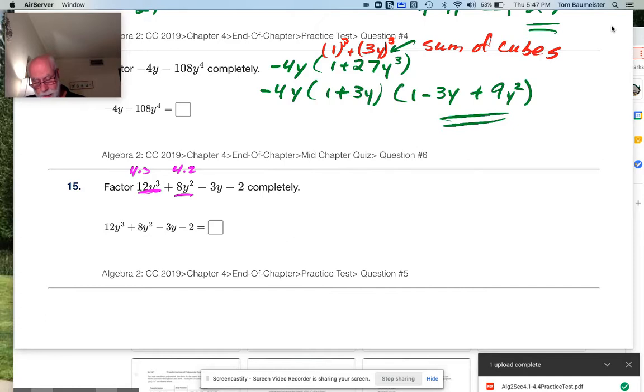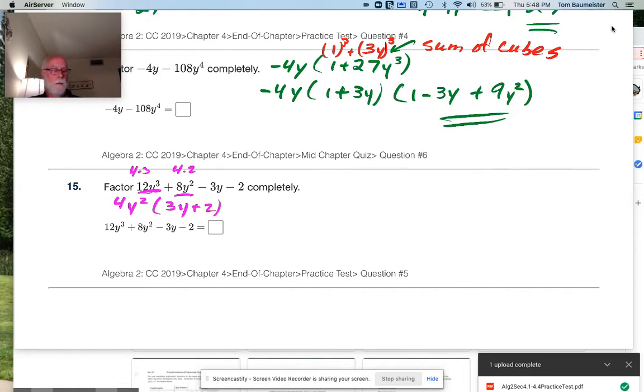So it looks like I can take out a 4, and let's see, can I take out a y squared? Yep. Okay, because again, I had a y squared here, and a y cubed there. So the lower power I could actually take out of both of them. All right. So now, what do I have left there? I have 3y, right? And I have plus 2.